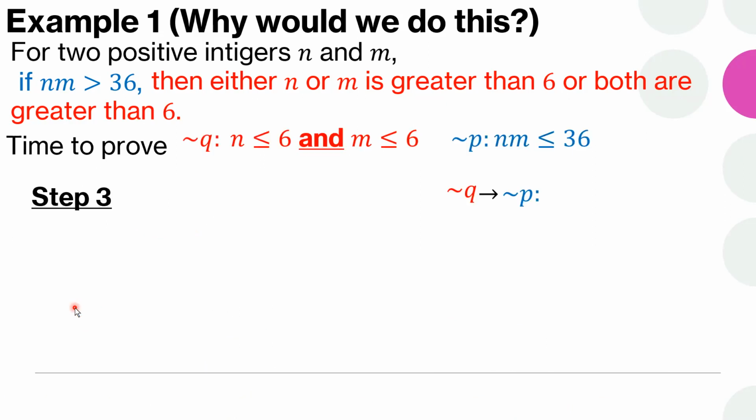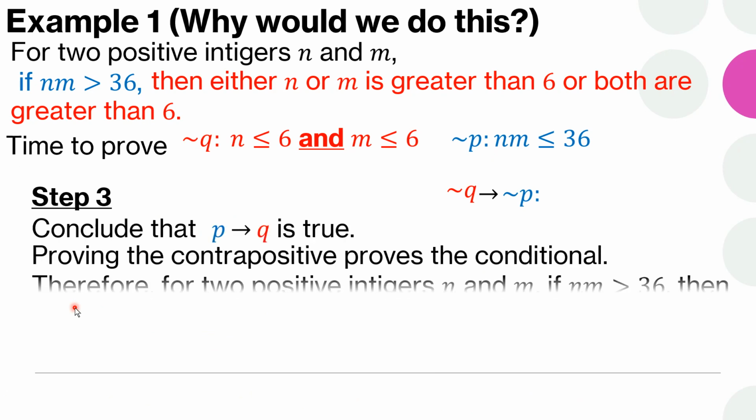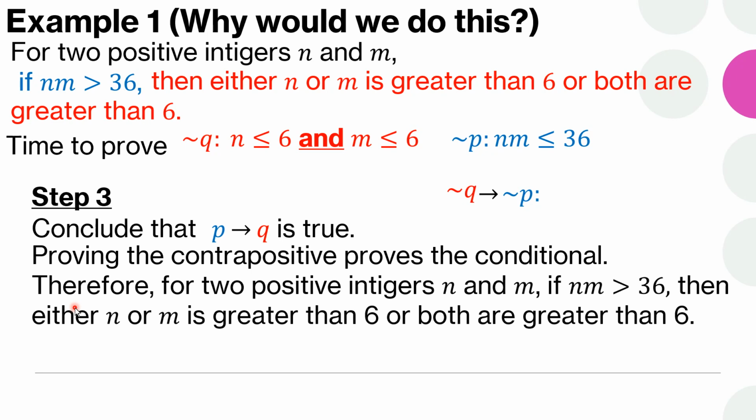Step 3: Conclude that P implied is true. Proving a contrapositive proves the conditional. Therefore, for two positive integers n and m, if n times m is bigger than 36, then either n or m is greater than 6. You just restate it because you were able to show with this last slide what you were trying to prove.